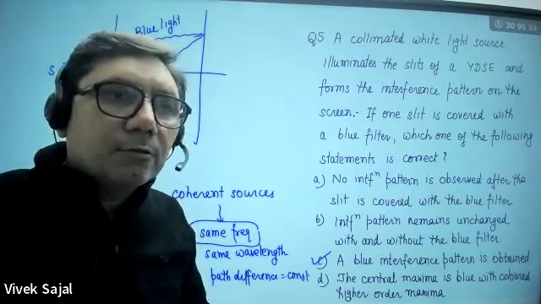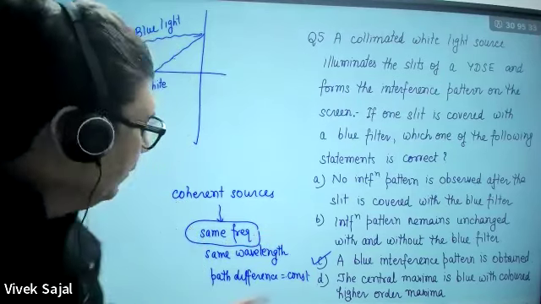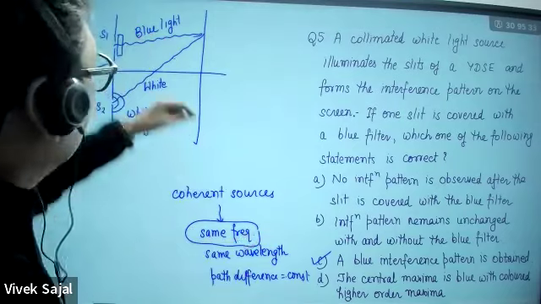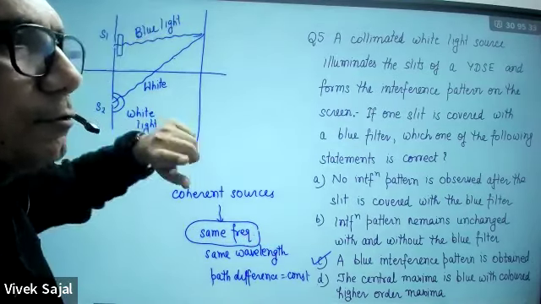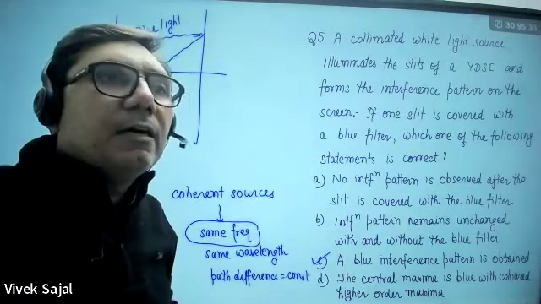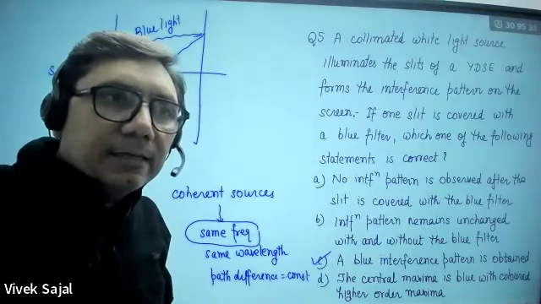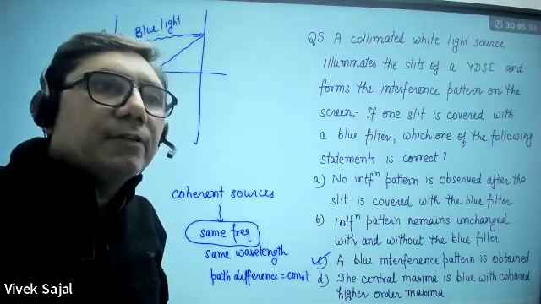So here there is a frequency of this blue light, okay? This blue light is going to interfere with the other coherent light that has the same frequency.